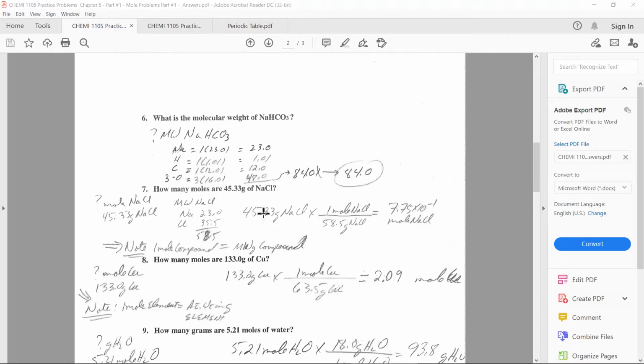If I have a ratio, I can multiply this number by what goes on top, whatever we're trying to get to, moles of sodium chloride, and what goes underneath, whatever we're trying to get rid of. We don't want grams sodium chloride in our final answer. And now where do I get the ratio, 1 mole of sodium chloride, a molecule or compound, per grams of sodium chloride?